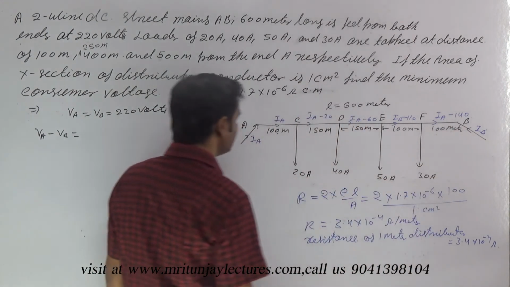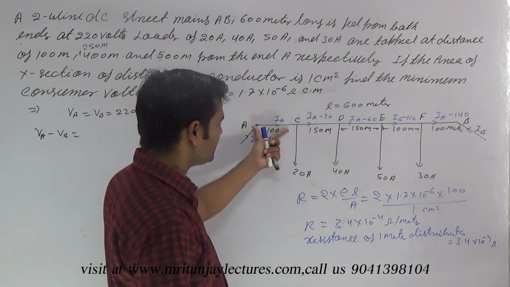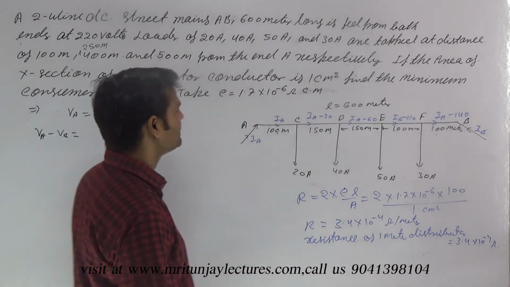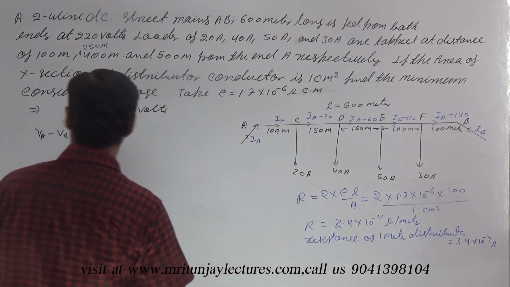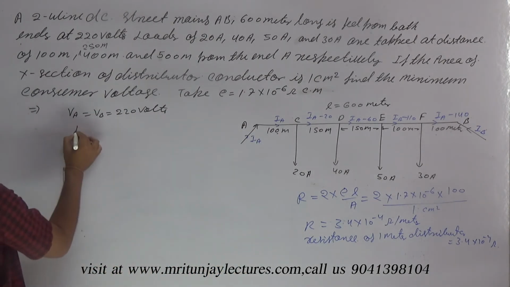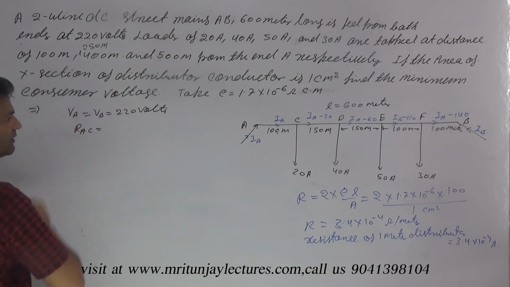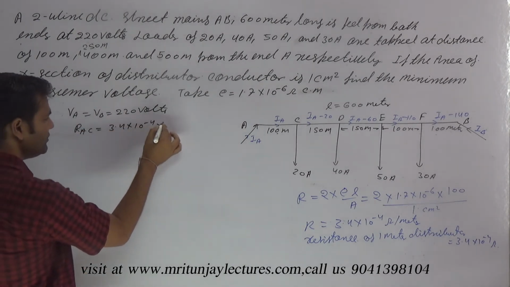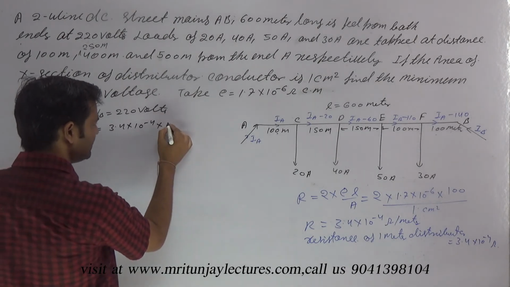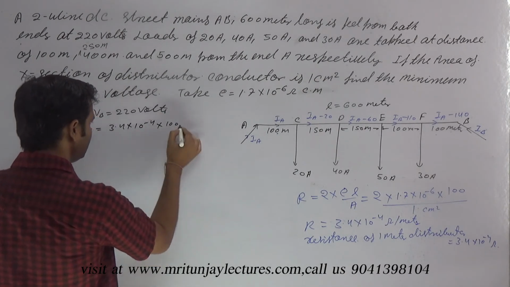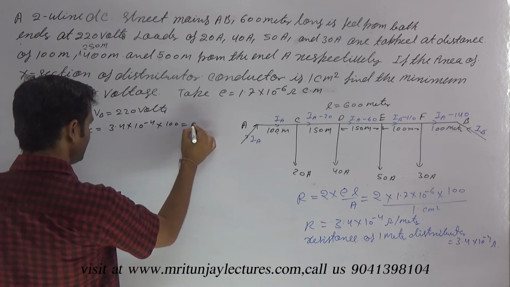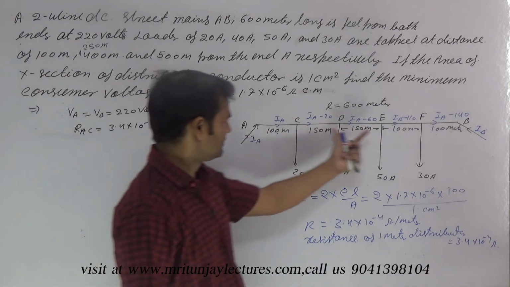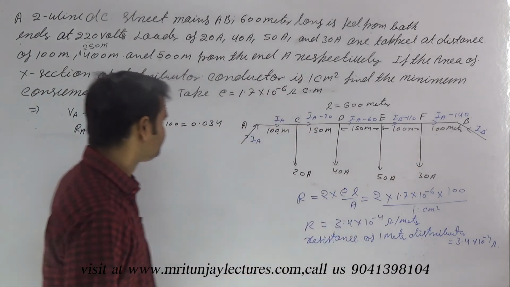Now, what about the resistance corresponding to this one? For 100 meters at 0.34, the resistance of RAC is 3.4 into 10 to the power minus 4 into the distance, that is 100 meter, which means 0.034.